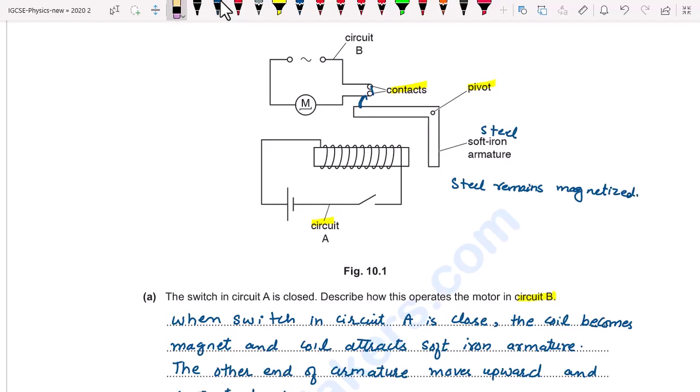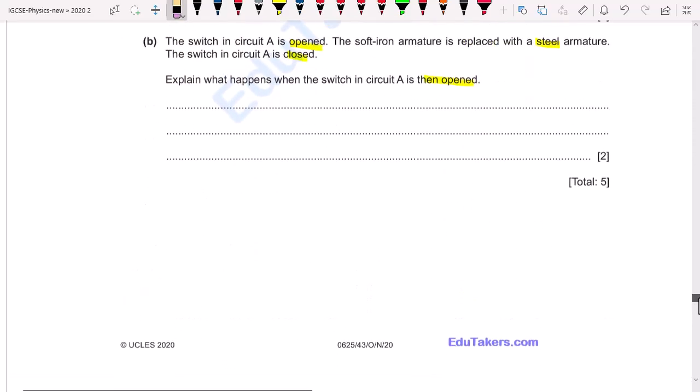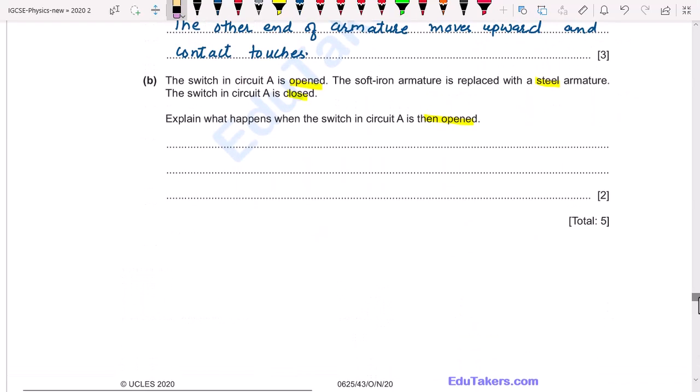So I write here, steel remains magnetized when there is no current in the coil.